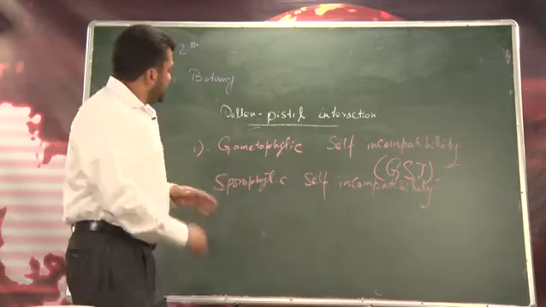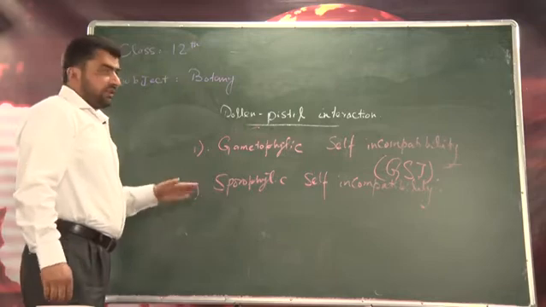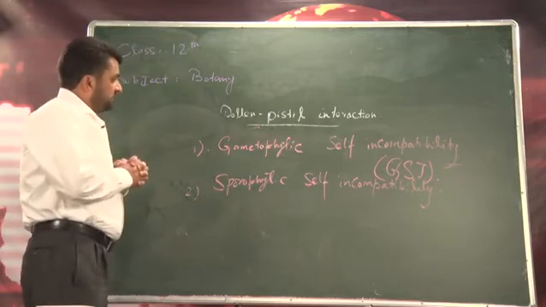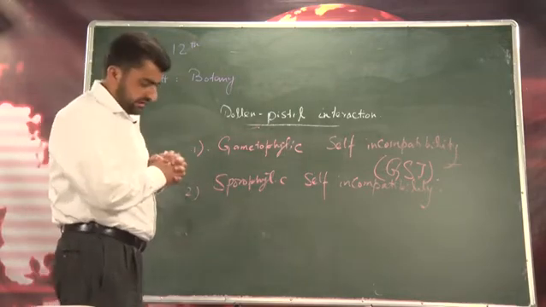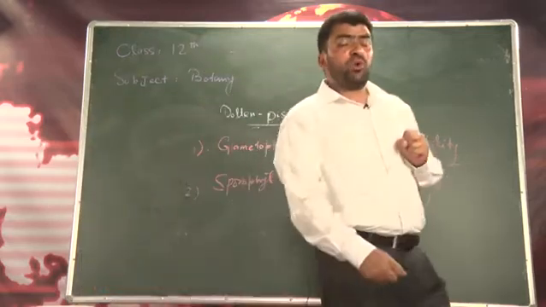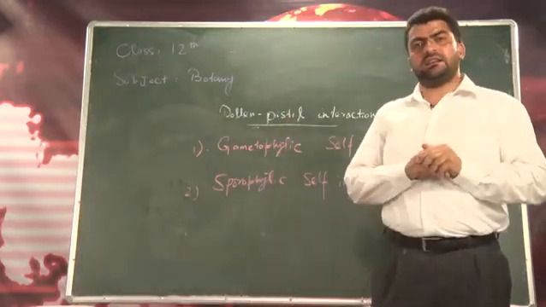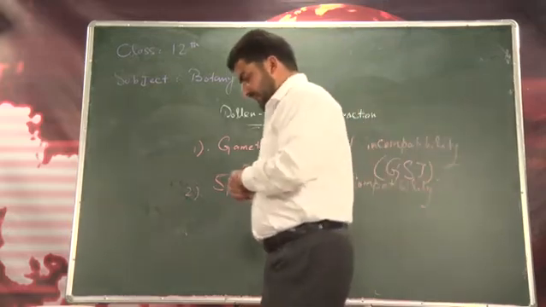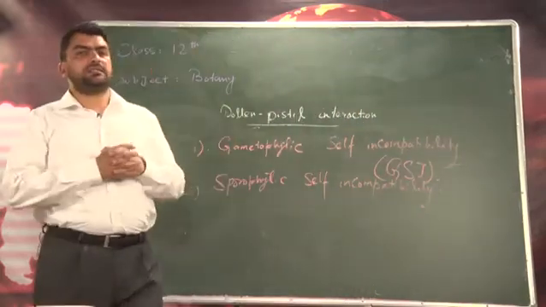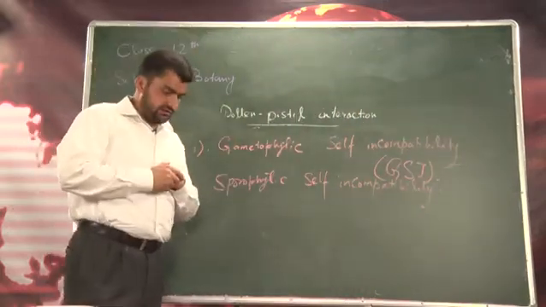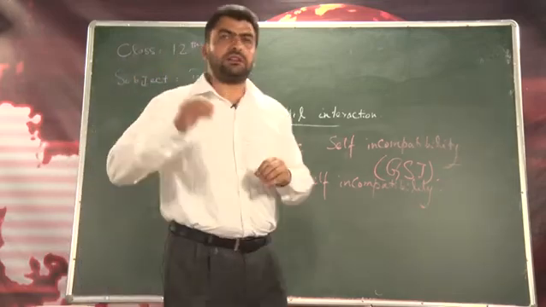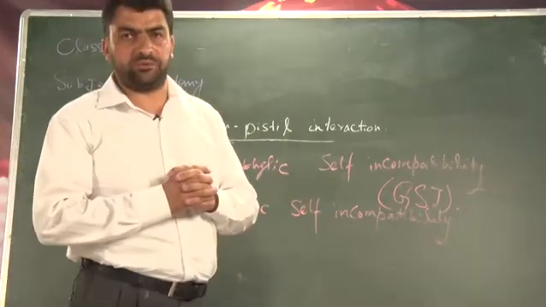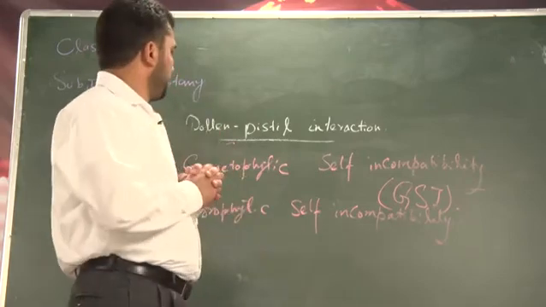Now see, prior to going into the discussions of both these and the molecular mechanism involved, may I remind you the fact that most of the plants in nature are outbreeders. That means there are devices, modifications, contrivances which largely favor outbreeding, that is cross pollination.